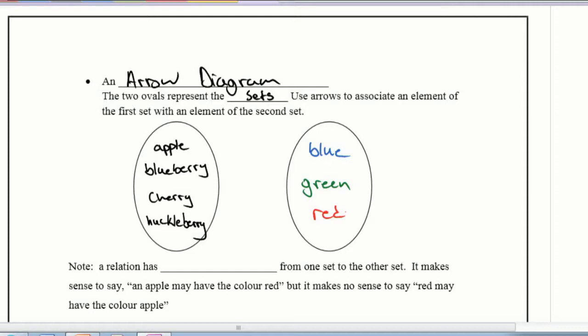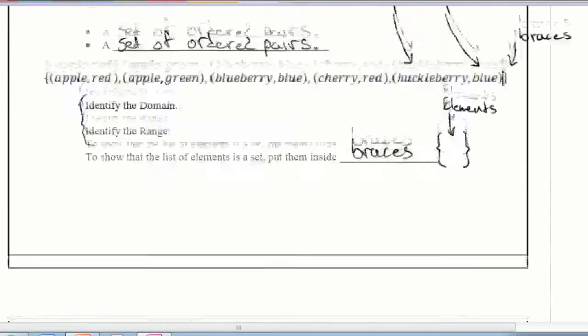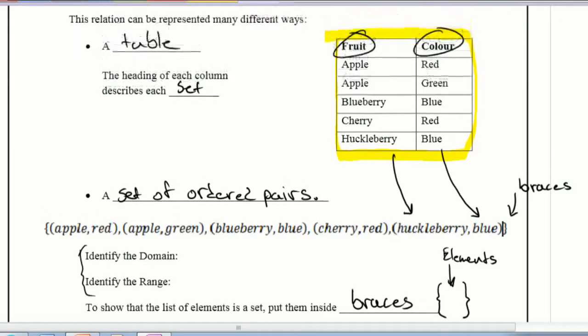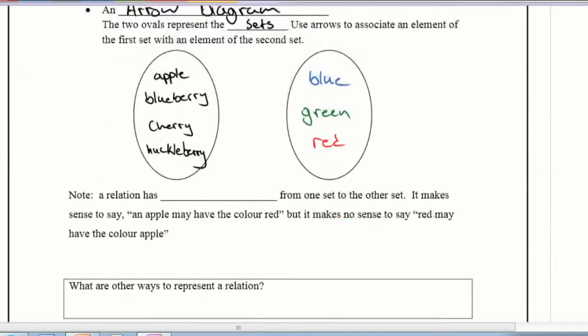So we need to connect our two sets with some arrows. We said up above that apples may have the color, and we decided that apples would probably be red, or apples could be green. So we have apples, and they can be red, or they can be green. Two choices. Blueberries, generally speaking, would always be blue.